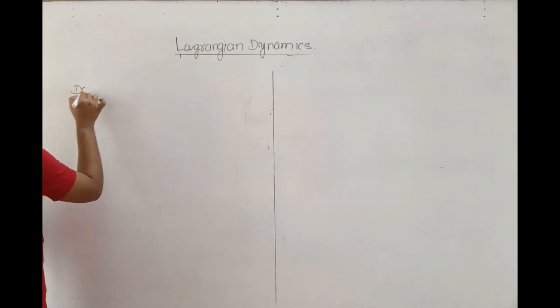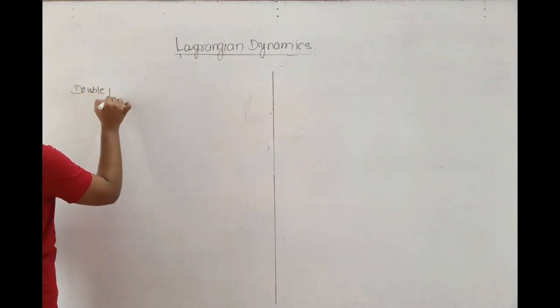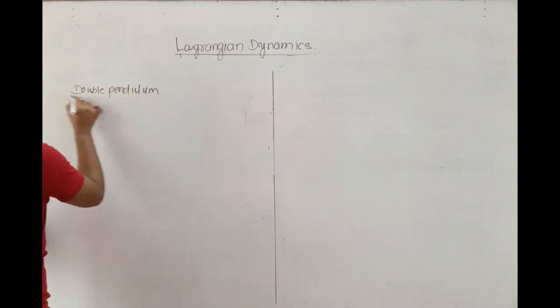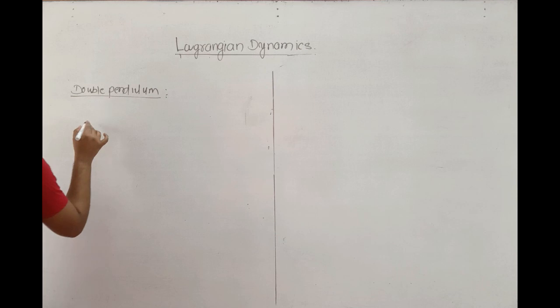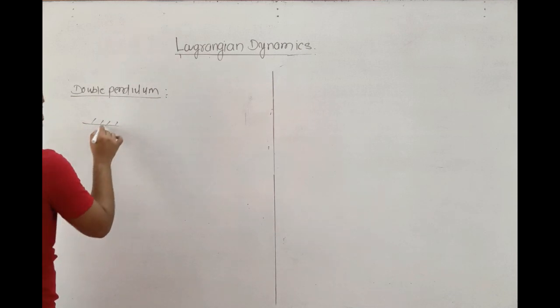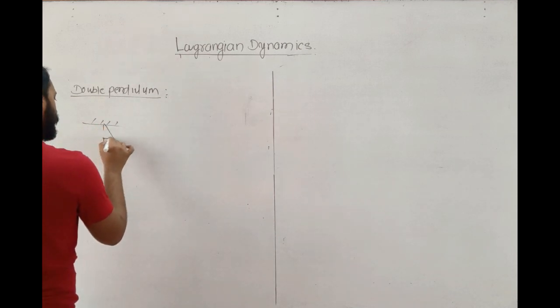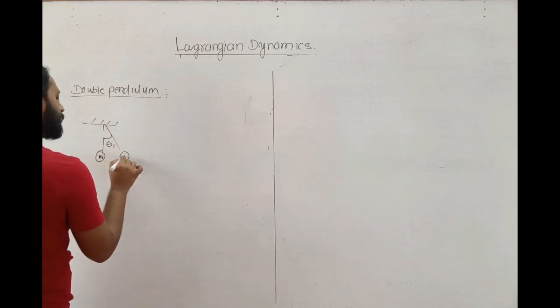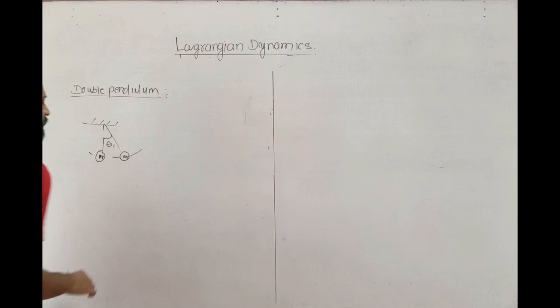Double pendulum. Find out the degree of freedom for the double pendulum. Easy. Theta 1, mass m1 moving like this.